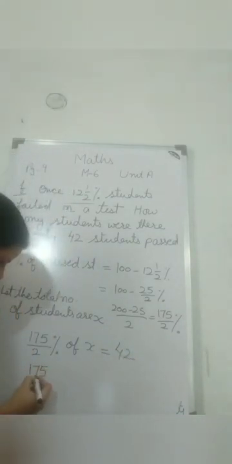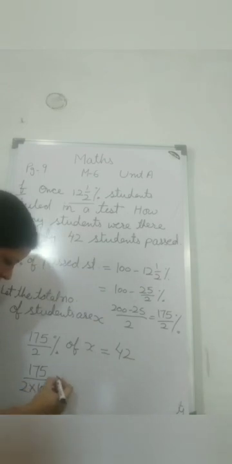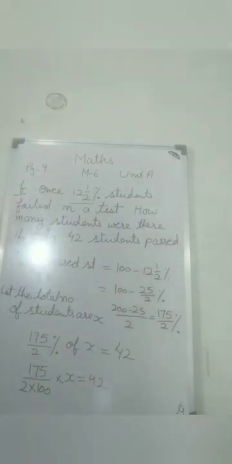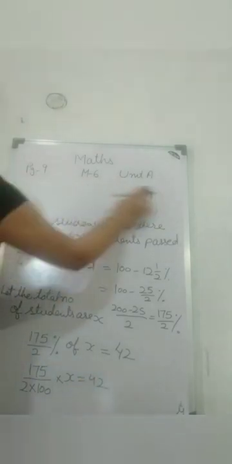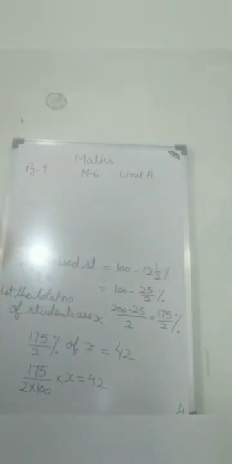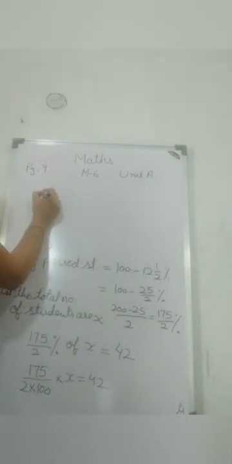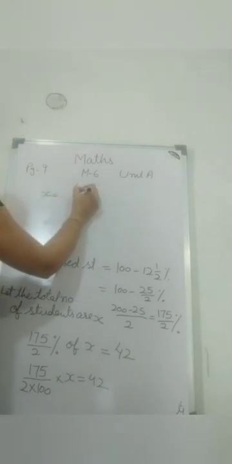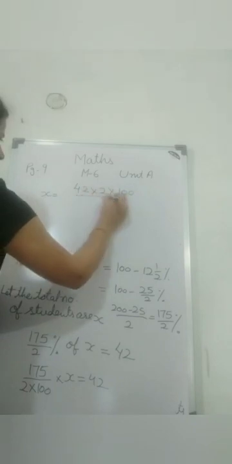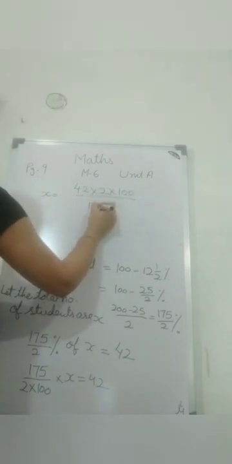Remove the percentage symbol from here. So we divide it by 100. Okay. Now I'm removing this one from here. Now we solve this one. So x is equivalent to 42 multiply 2 multiply 100 upon 175.